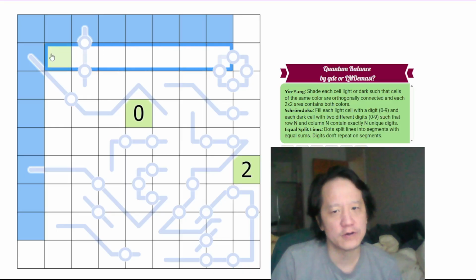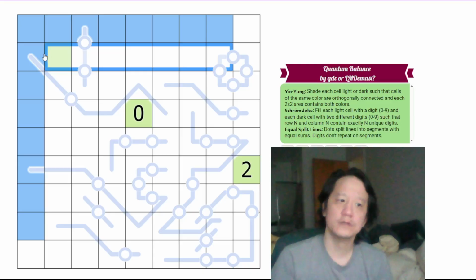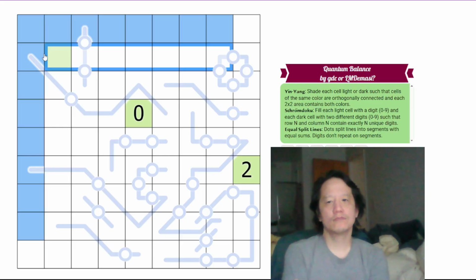You just have to contain exactly n unique digits. But you don't have to have it filled out with all the digits from 0 through 9.